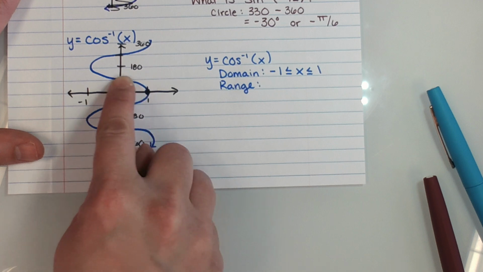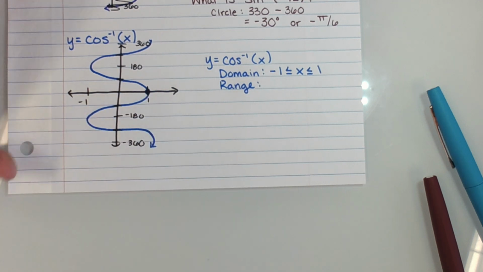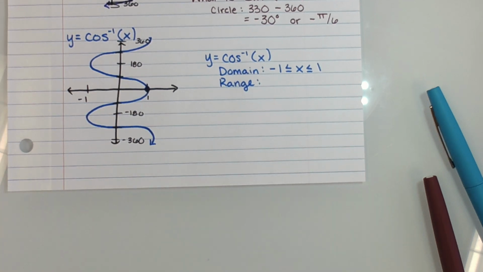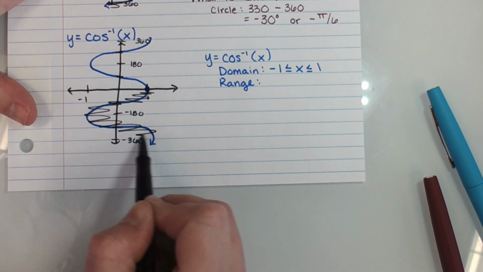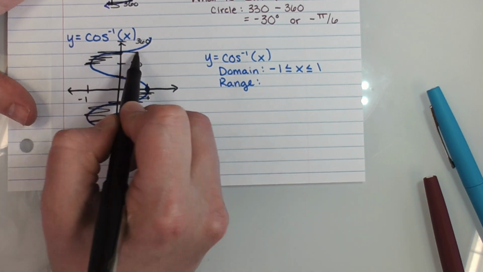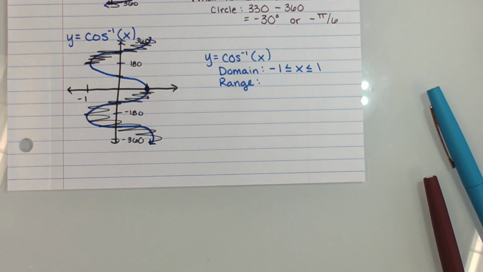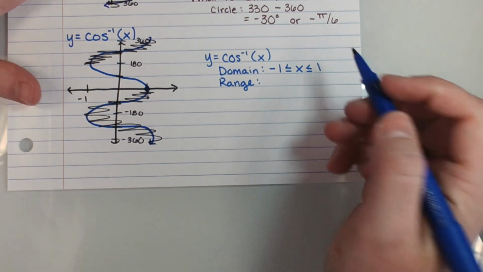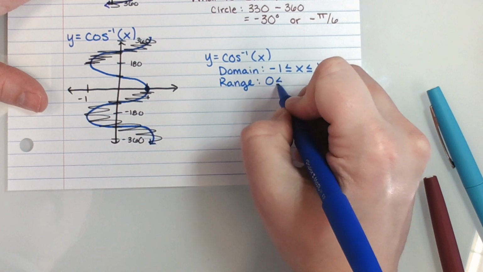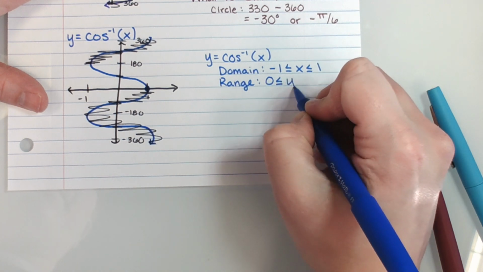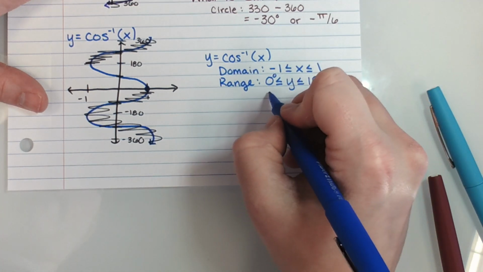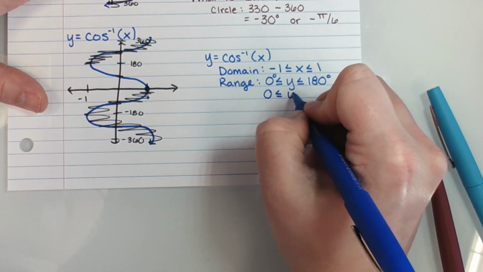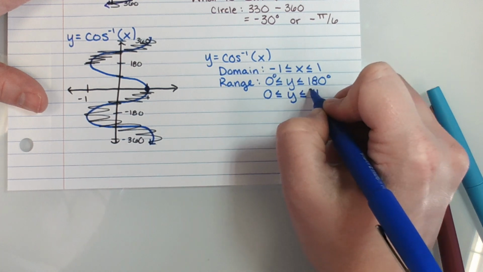I'd only get positive values for cosine. I want both positive and negative. So for cosine, they chose to truncate it by getting rid of that and getting rid of this, giving the range to be the values between 0 and 180, including both. Or if you're working in radians, between 0 and pi.